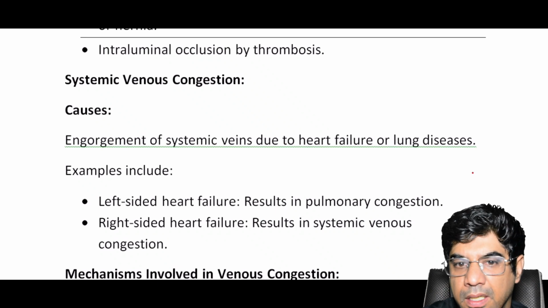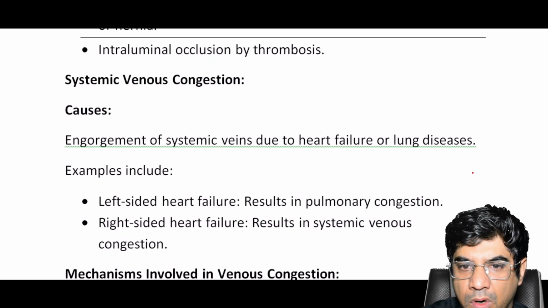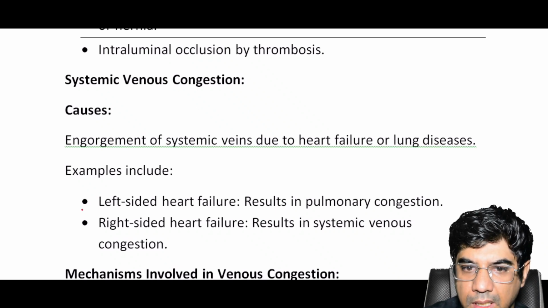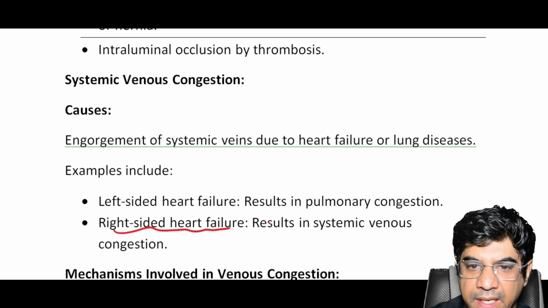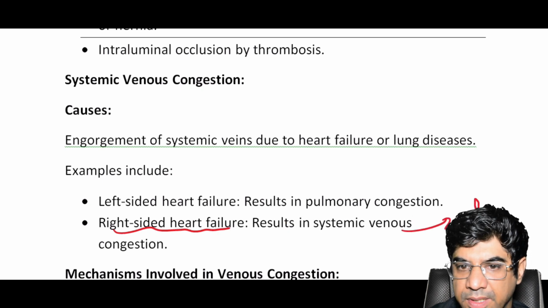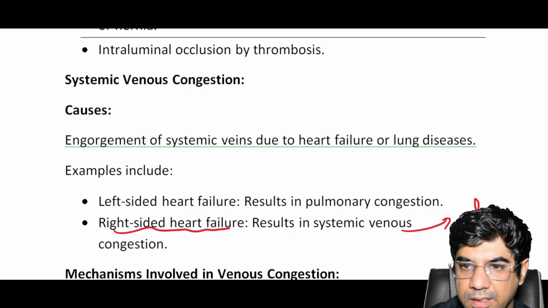Left-sided heart failure is caused by pulmonary congestion due to increased pressure and fluid buildup in the pulmonary veins. Whereas right-sided heart failure occurs due to pressure and fluid accumulation in organs like liver, spleen, and leg veins.